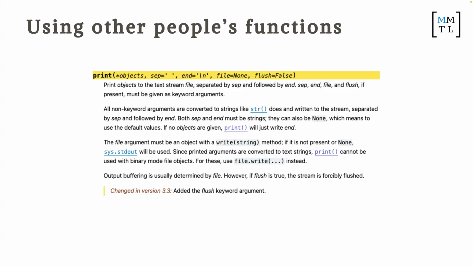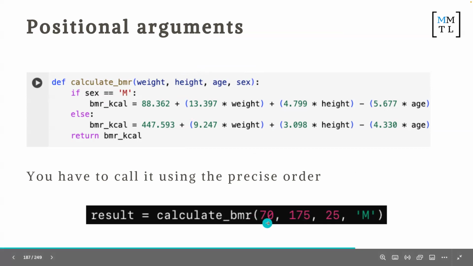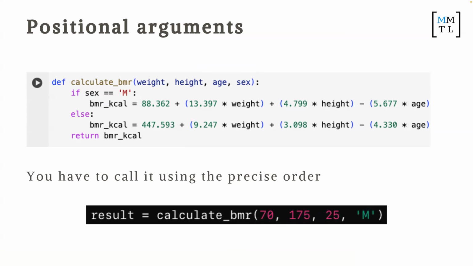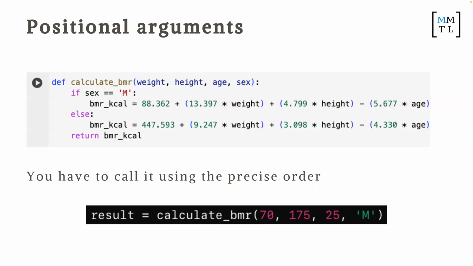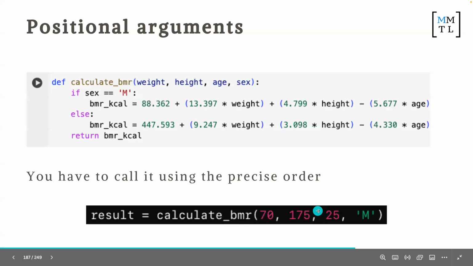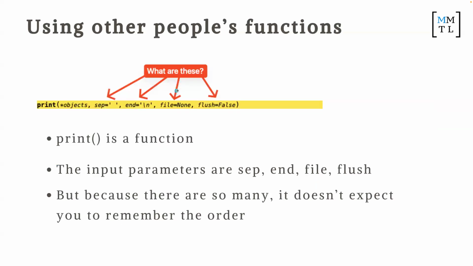So we know that if we have the BMR thing here, the first thing has to be the weight, the second thing has to be the height, the third thing has to be the age, and then the sex. But that's really hard to remember, right? If you have a function that takes 20, even 100 possible parameters, how are you going to remember the exact position? So something else we can do to make our functions even more powerful and more easy to use, more importantly for the end user, is to use keyword arguments.